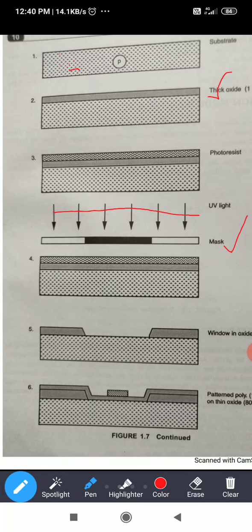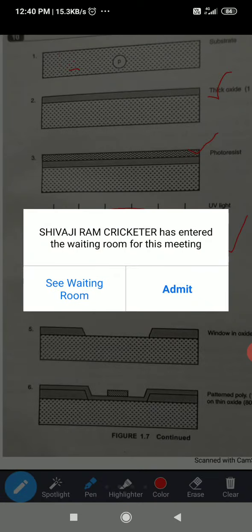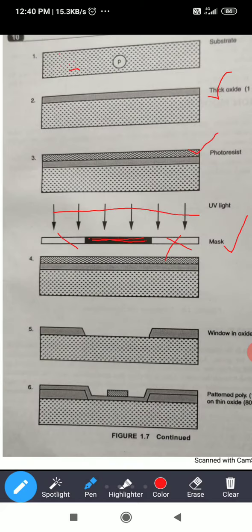Where the mask is present, the light is blocked; where it is not, we allow the UV light to pass into the wafer. The remaining areas we are not allowing UV light. Only this particular area gets UV light.